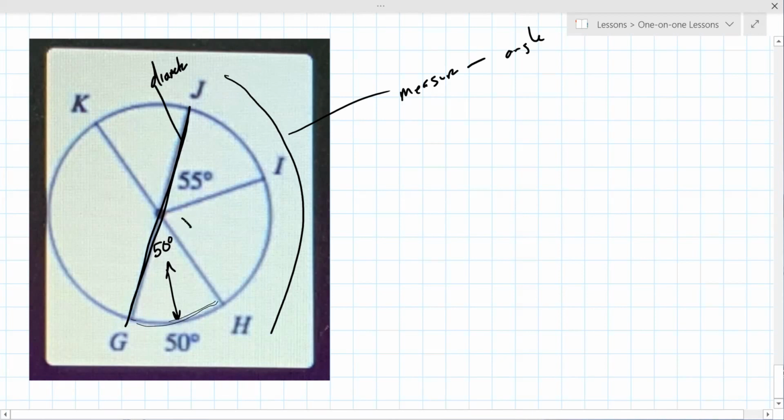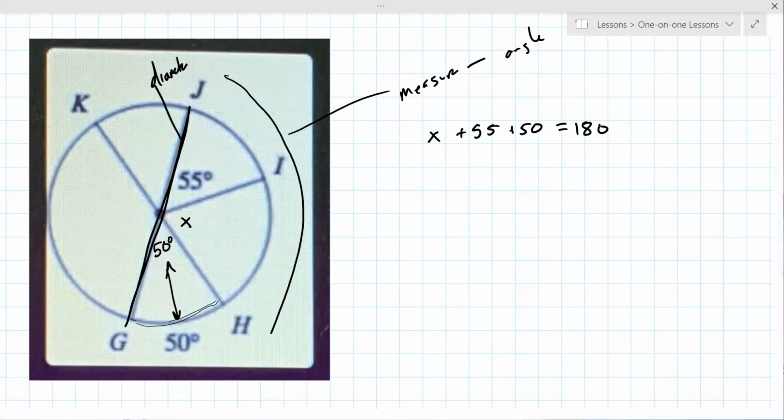So this missing one here, I'll call that X. That X plus 55 plus 50 has to equal 180. So go ahead and solve that for X, please.